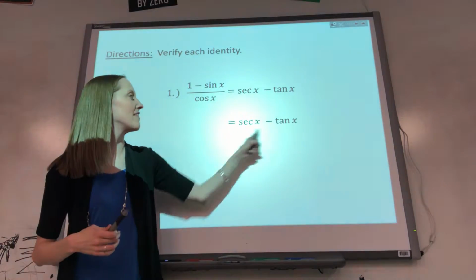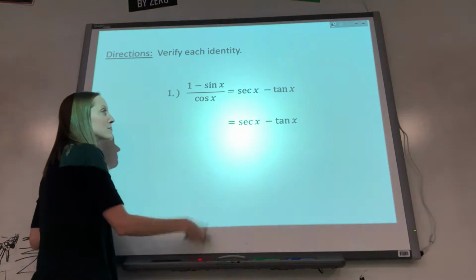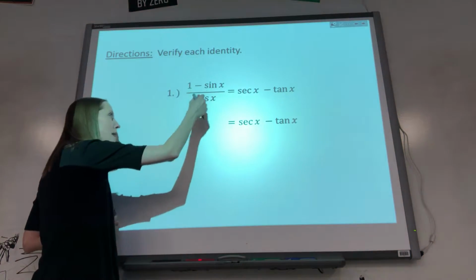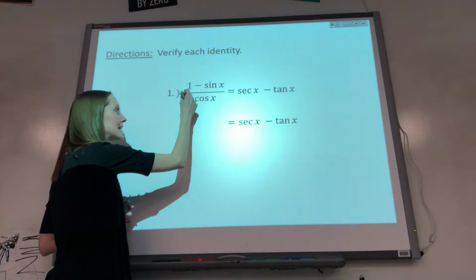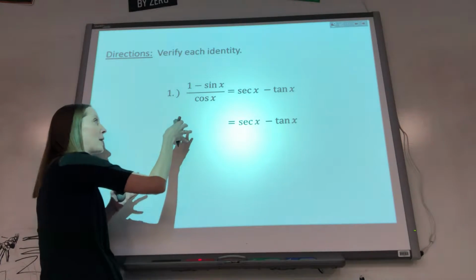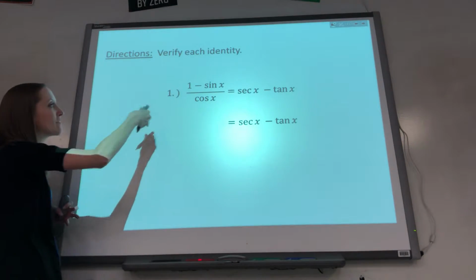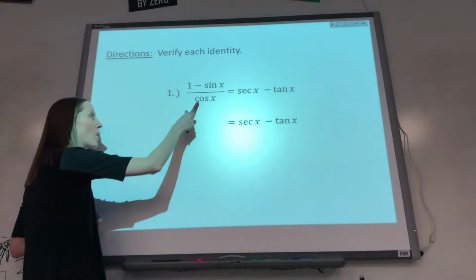This does not have a fraction in it. So it kind of tells me that I should probably try to break that fraction apart, which is legal in this case because there's a single term on bottom. I need to break that fraction apart so it's not one big fraction anymore.